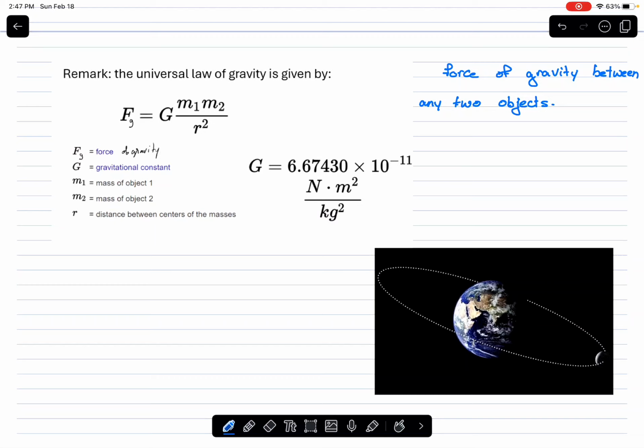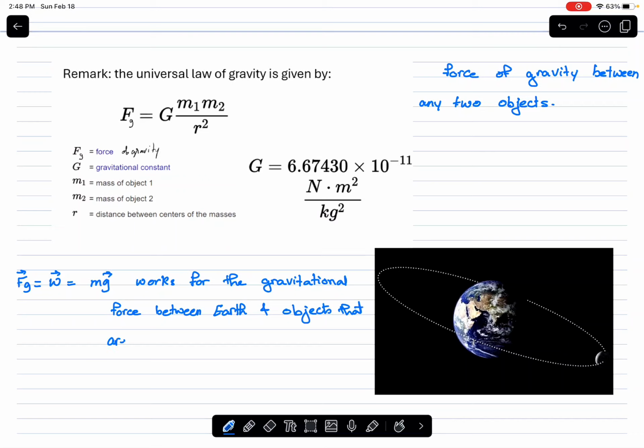Well, the general formula which we know for the gravity, which is basically the gravitational force exerted by Earth on objects that are on its surface, this formula works for the gravitational force between Earth and objects that are on or near the surface of Earth.